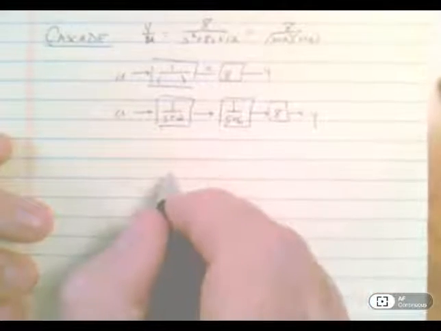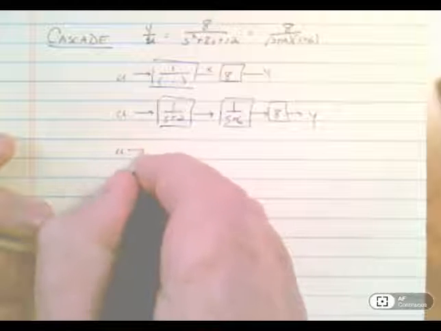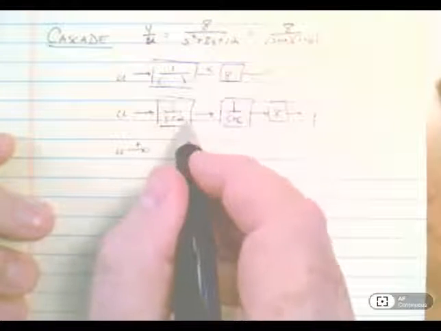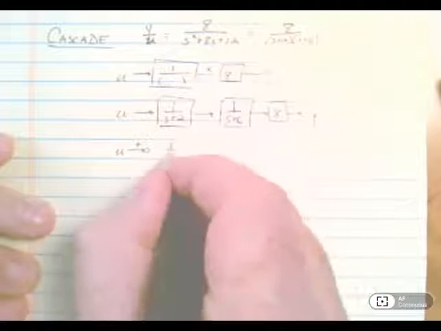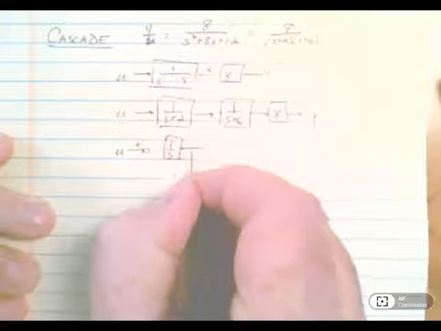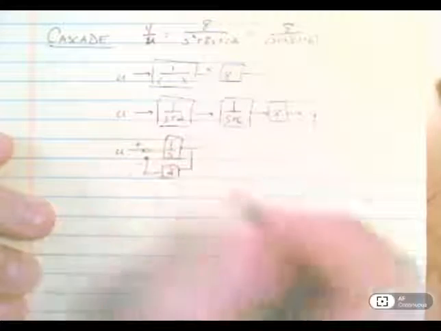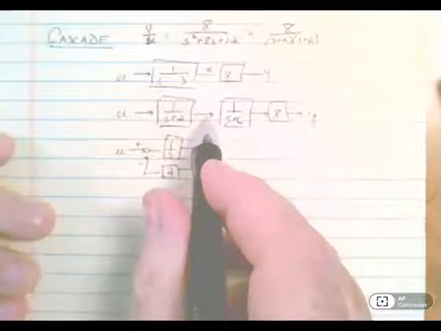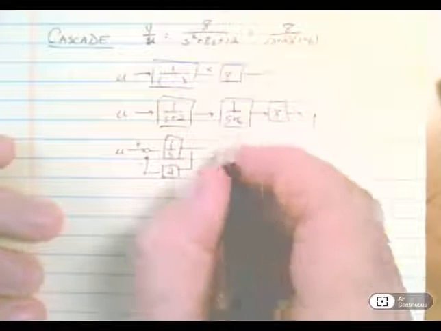And so if I break this up into an expanded block diagram, I have U coming in, a positive contribution, and I'm going to do the expanded block diagram for a very simple first order system, a 1 over s plus 2 first order system, which is going to look something like this. Subtract off a 2 in the feedback path. And then that is this point here, and so we're going to take that and feed it into a 1 over s plus 6 system.